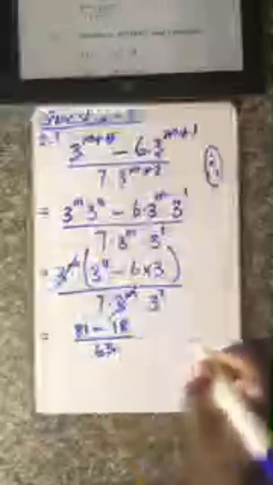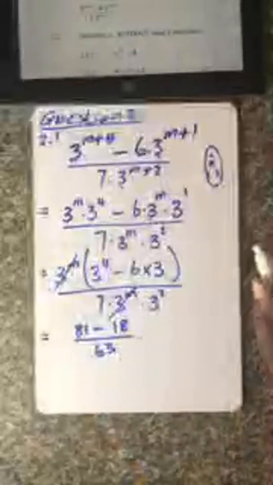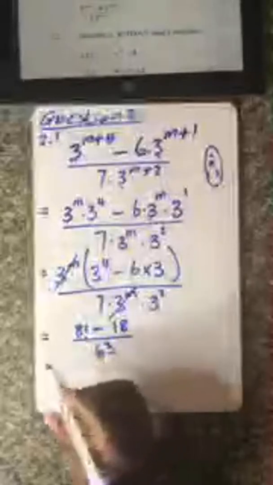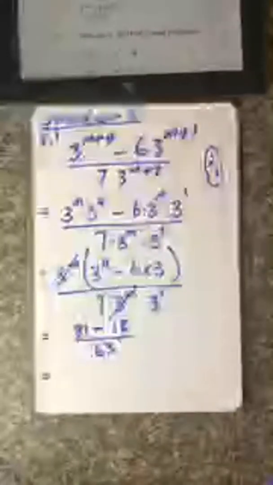Okay, so that means you've got 63. Now you can say 81 minus 18. 81 minus 18 is equal to 63. Very interesting, guys.